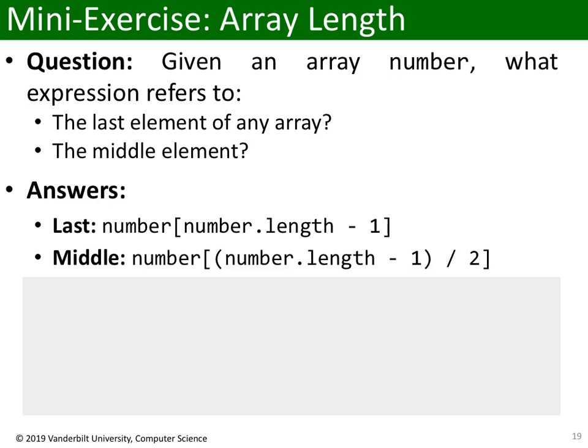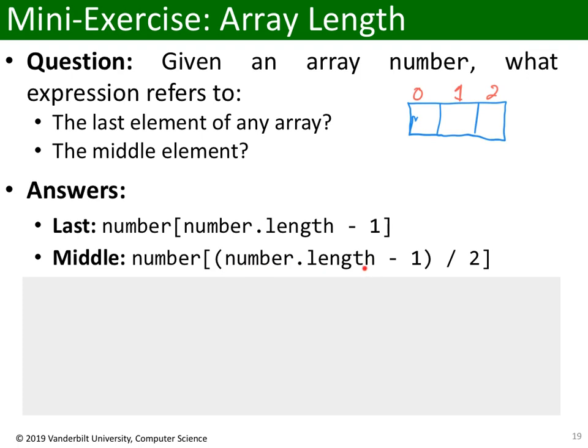So let's say we had an array with 3 elements. But like we said, we didn't know beforehand that it only had 3 elements, but it had 3 elements. Locations 0, 1, and 2.